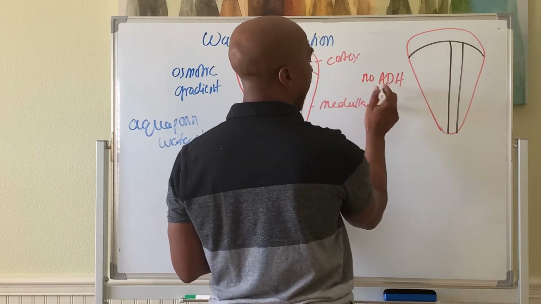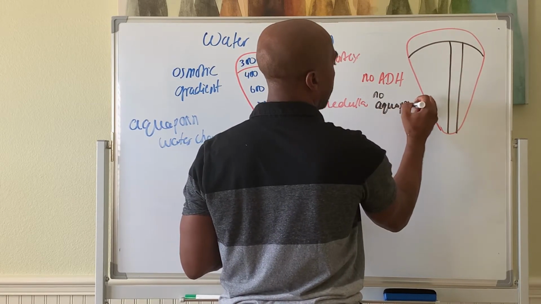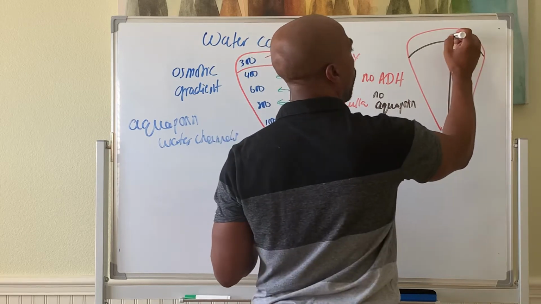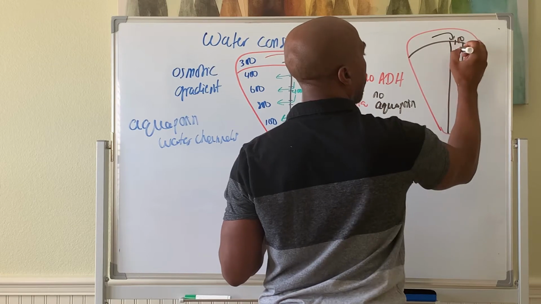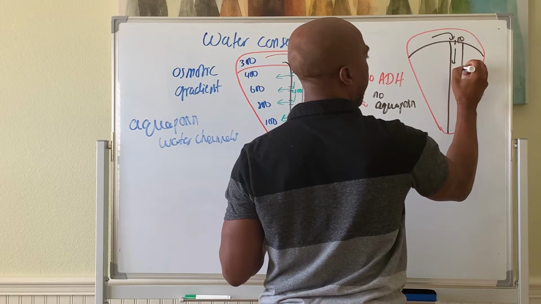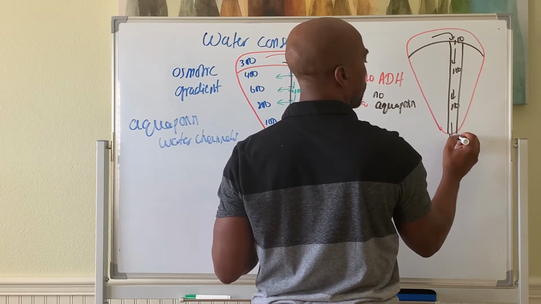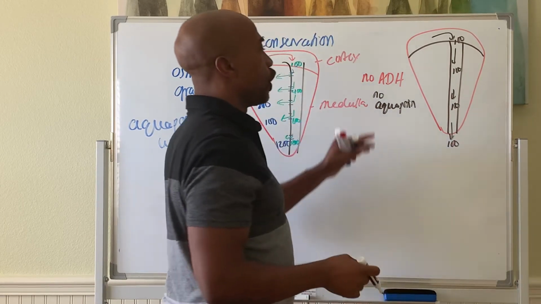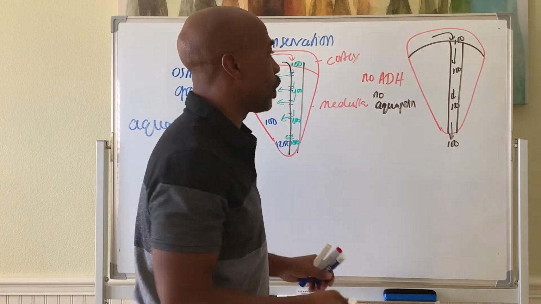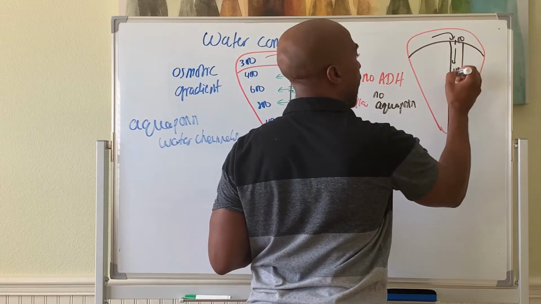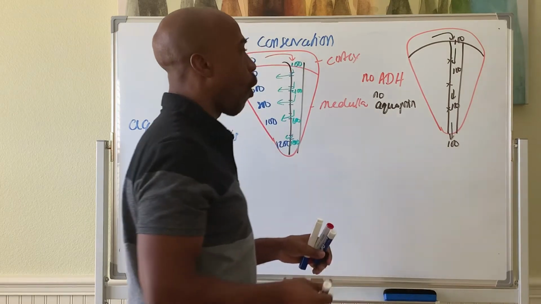With no ADH, there are no aquaporin channels, and therefore the filtrate comes in at 100 and will leave at 100 because it cannot escape. So the urine you make will be very dilute, very clear, watery, because there aren't any channels exposed to the filtrate for water to leave.